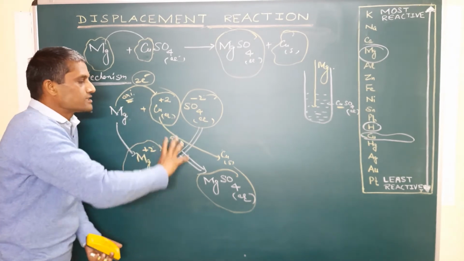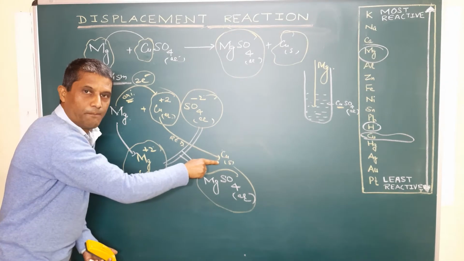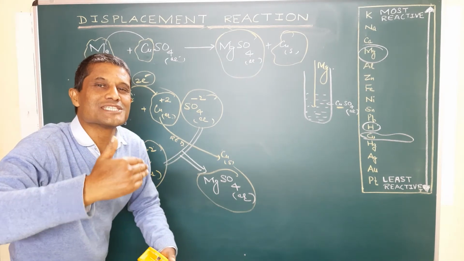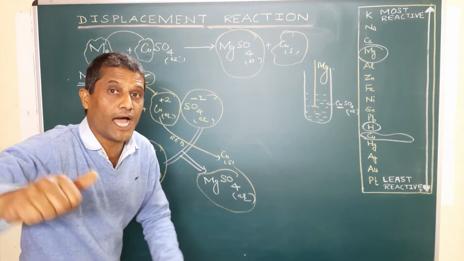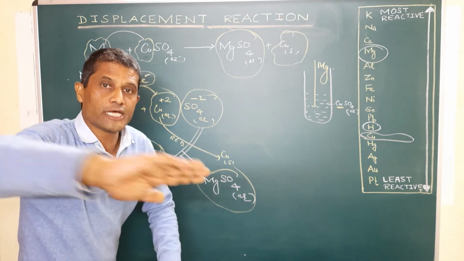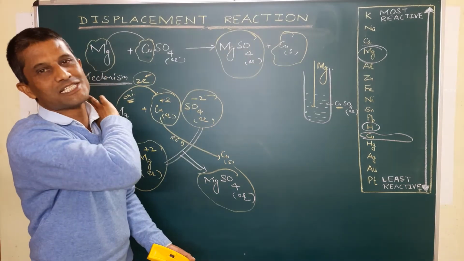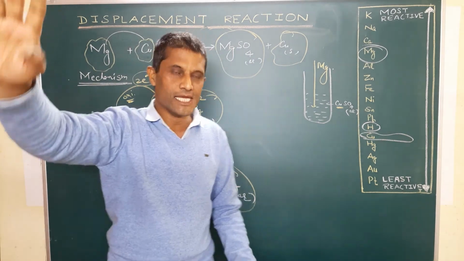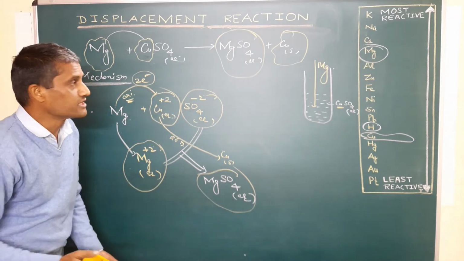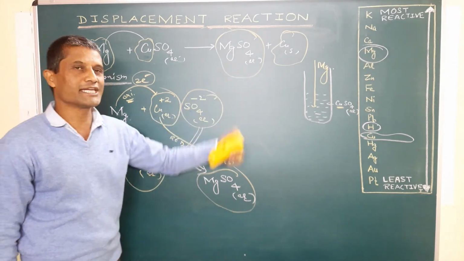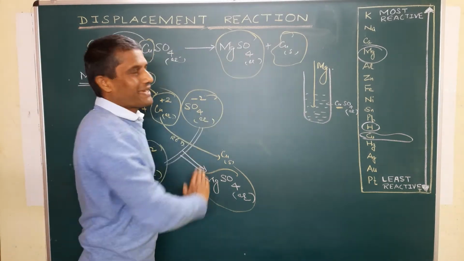As cupric ions begin to change into copper, the blue color begins to fade away. When all the cupric ion has been reduced into copper, the blue color will disappear completely, and the color will come from the magnesium ion, which imparts white color, giving you white colored magnesium sulfate.